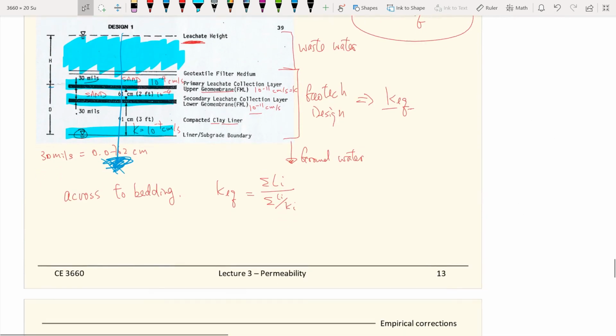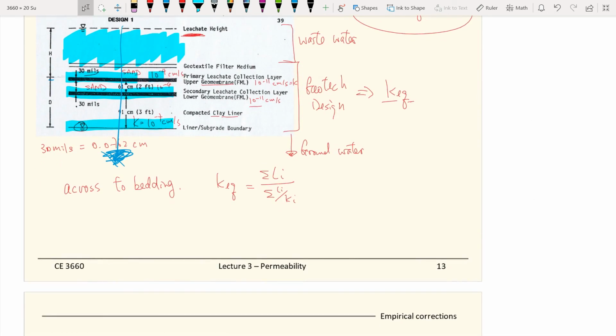So now you have all this information, and for your equivalent K you need to consider all these different soil layers. First, you have the sand. You have your sand layer to start with. The thickness of this, and the thickness of this, the bottom part is the thickness of this, and then divided by the hydraulic conductivity.